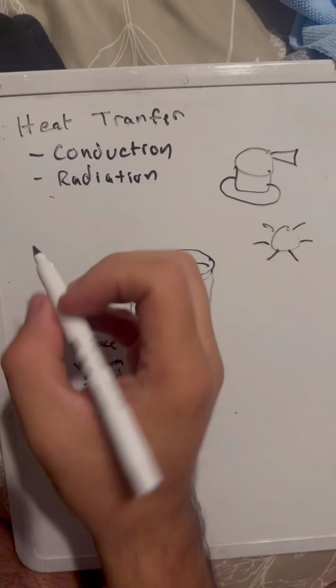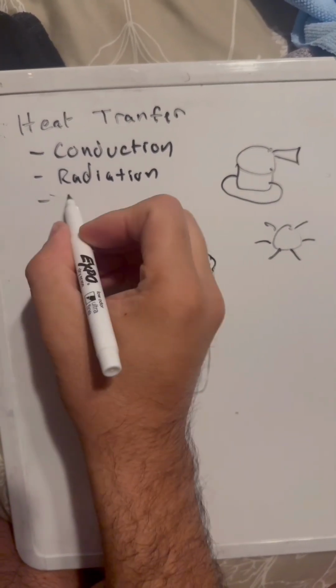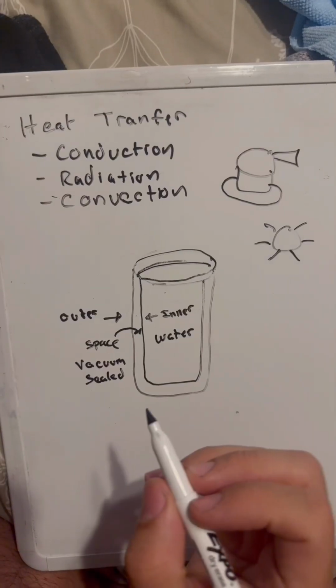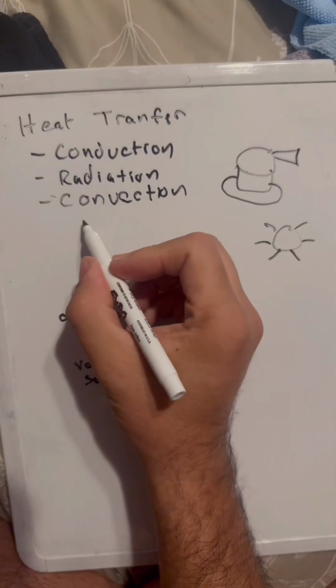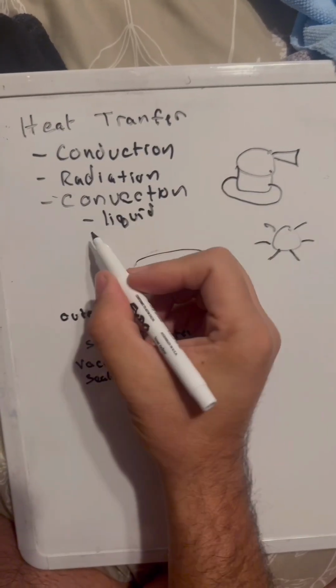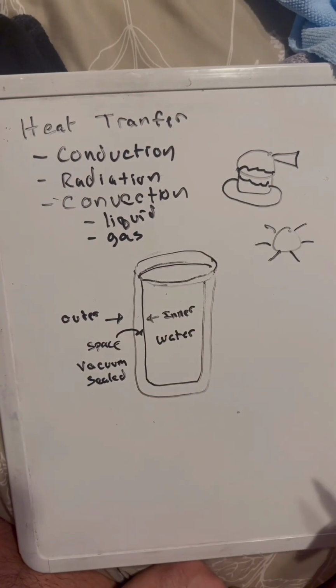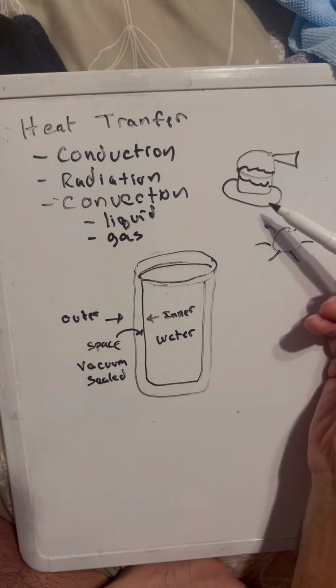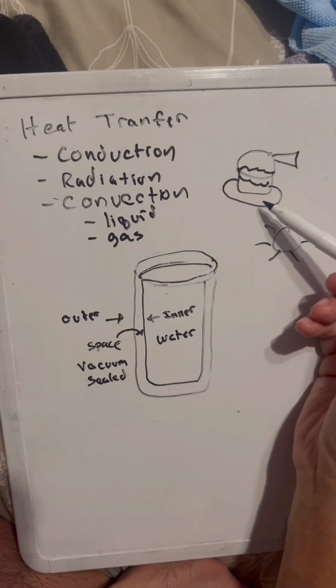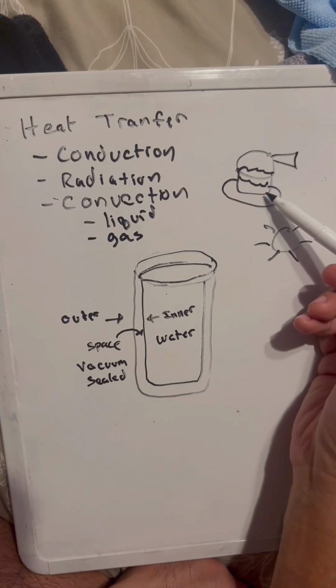The last heat transfer I would like to talk about is called convection. With convection, heat is transferred either through a liquid or a gas. In a boiling pot of water, you have two types of heat transfer going on. You have conduction, which is the stove making contact with the pot, so that heats up the pot through conduction.